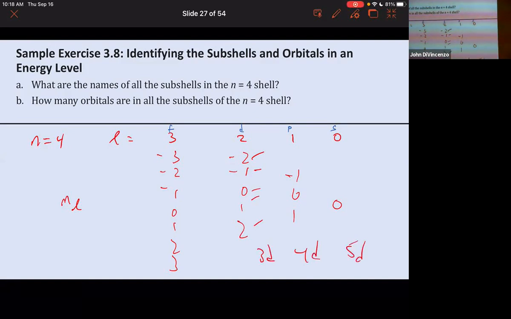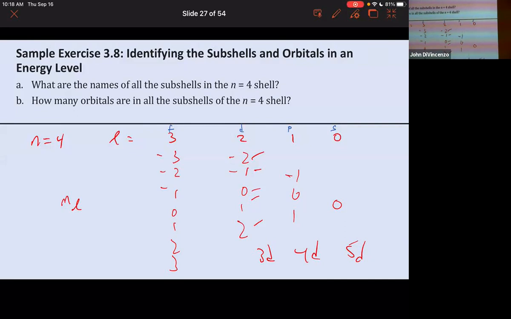What changes with the increasing N is the higher options. You can't have F when n equals 3. It's impossible mathematically, right? If n equals 3, you're not going to have an L of 3, right? And if you don't have an L of 3, you can't have an F subshell.